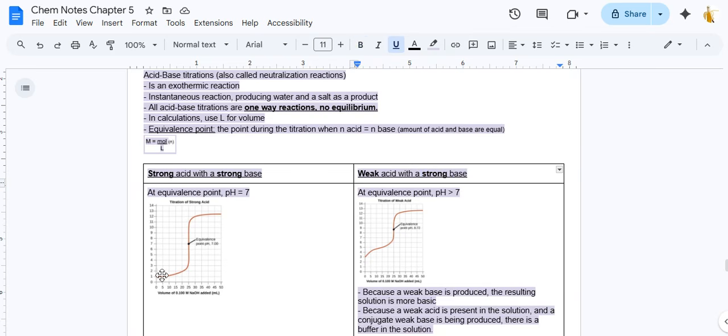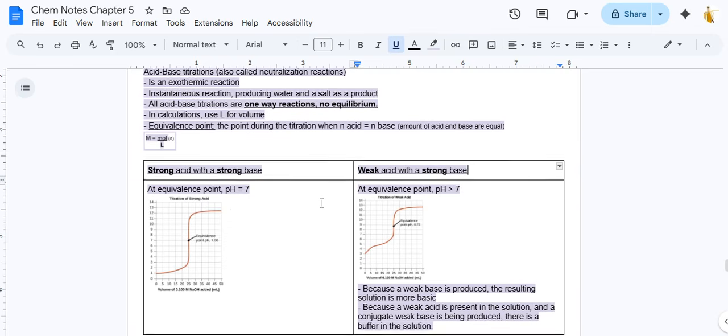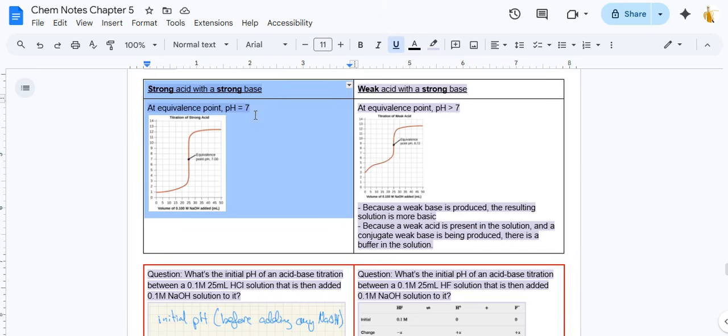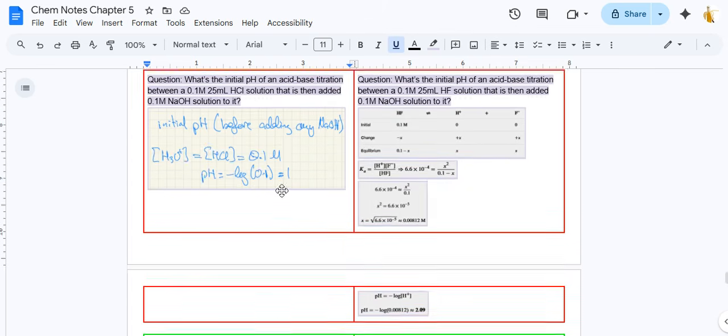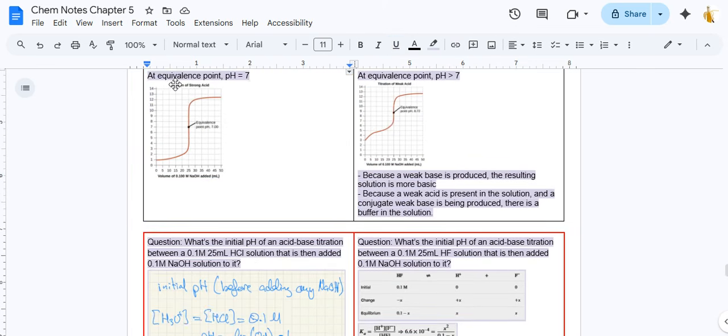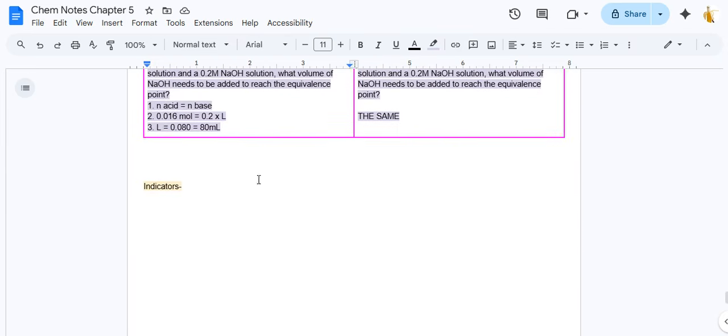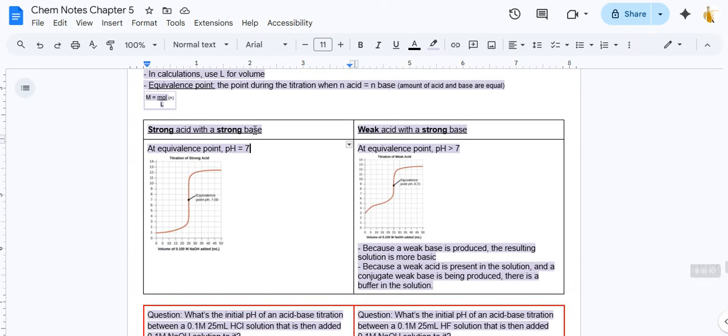And this is just like the graph for that. This is how I organized it. This left column here is talking about titrations for strong acids with a strong base.